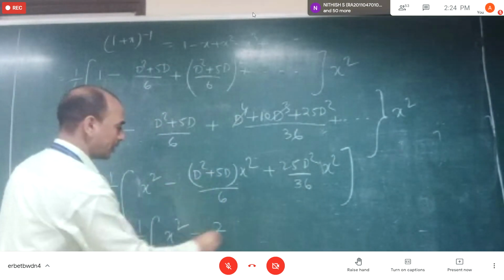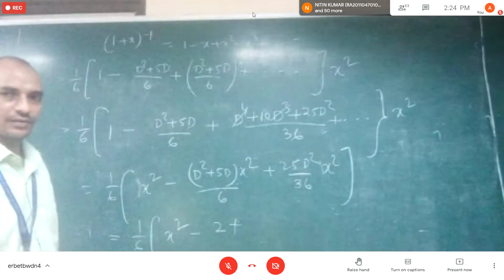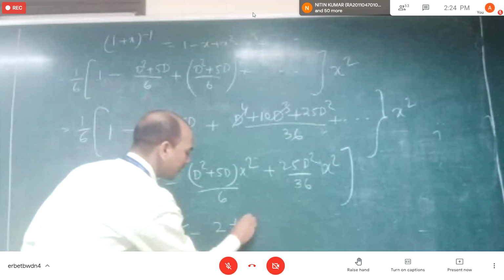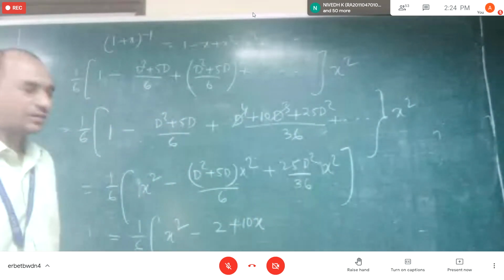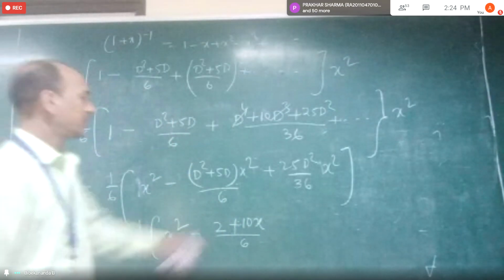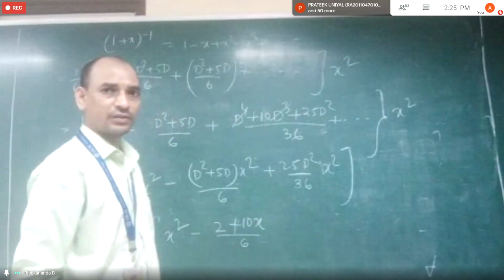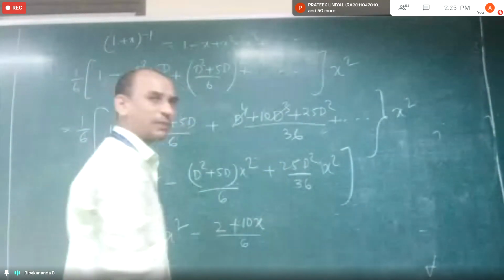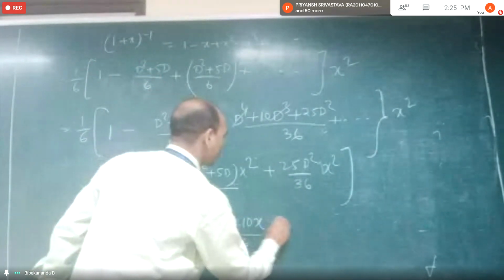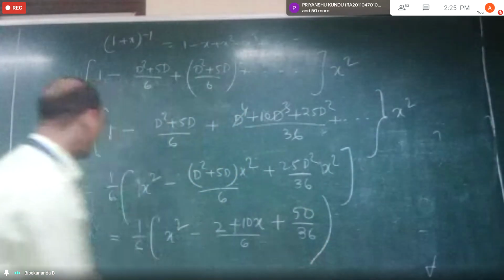Plus, what is the first derivative of x square? 2x, and 5 is there, so that will be 10x, divided by 6. Then go to this one. What is the second derivative of x square? 2. 2 into 25 will be 50. So plus 50 by 36. So this is the thing.